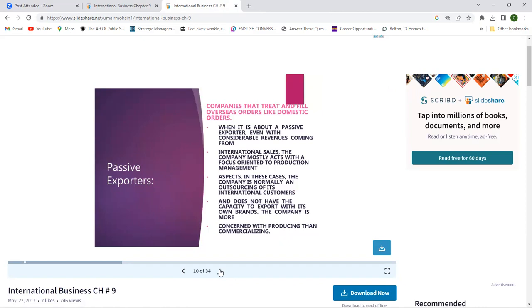As for the passive exporter, even with considerable revenues coming from international sales, the company mostly focuses on production management. In these cases, the company normally outsources all international customers and does not have the capacity to export with its own brands. The company is more concerned with producing than commercializing.